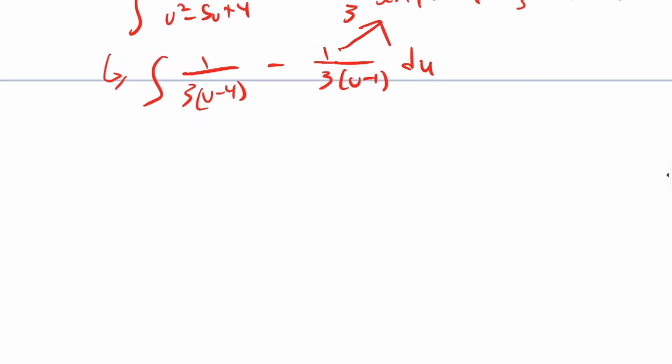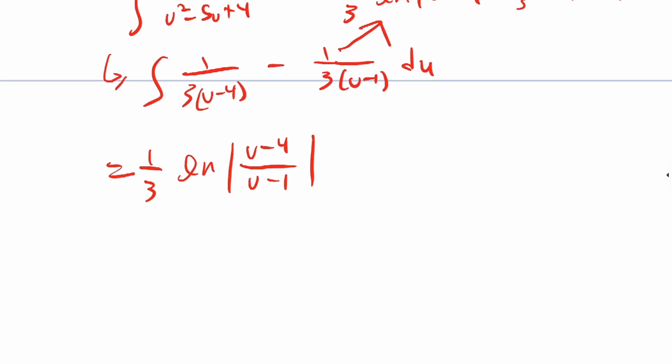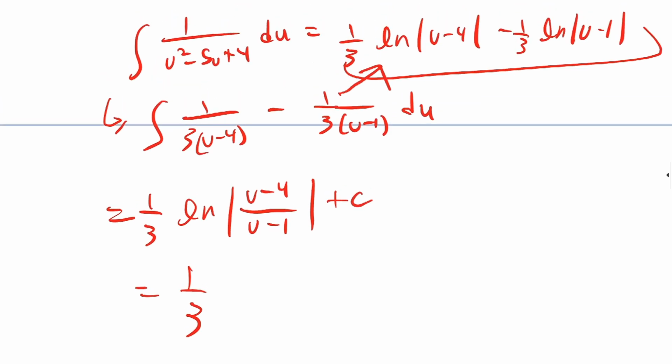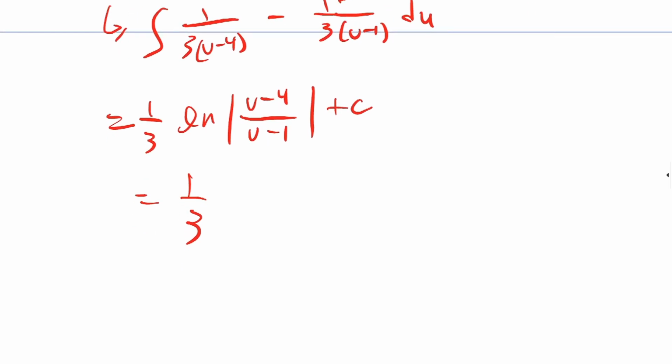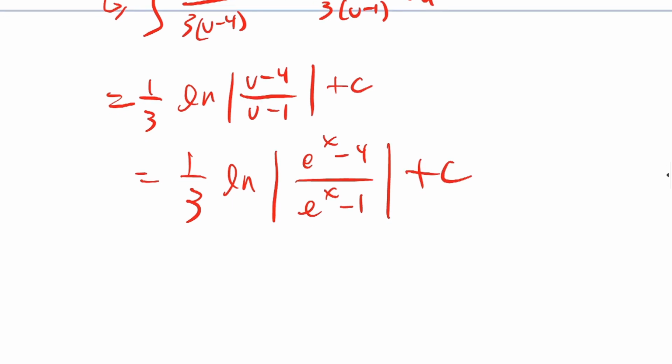Once we make our substitutions, it's just going to be equal to 1/3 ln of, combining the differences using the properties of log, u minus 4 over u minus 1, plus c. Then we need to make a final substitution. What we did there was just combine the top, and from here it's really simple. It's just substituting our e to the x back: e to the x minus 4 over e to the x minus 1 plus c.